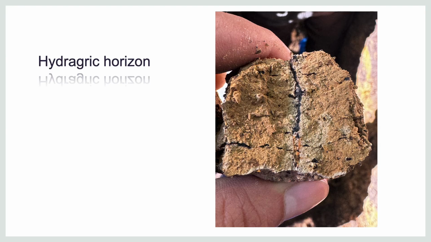So, for example, I need to see something like this. You can see here my fingers, and I'm pressing a ped, and in this aggregate we can see this yellow color very easily, but in the middle of it we have a biopore.